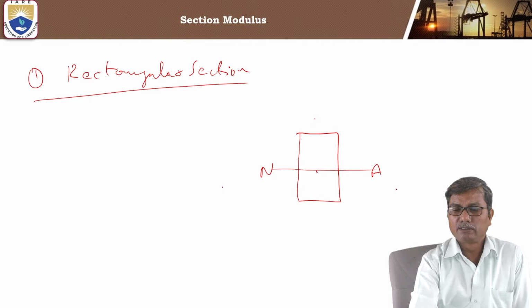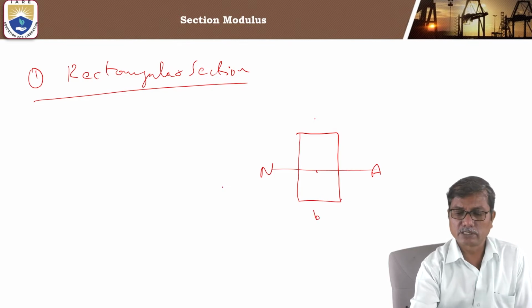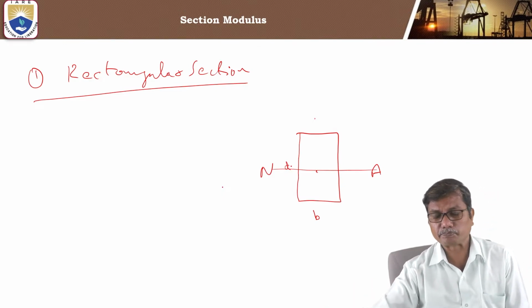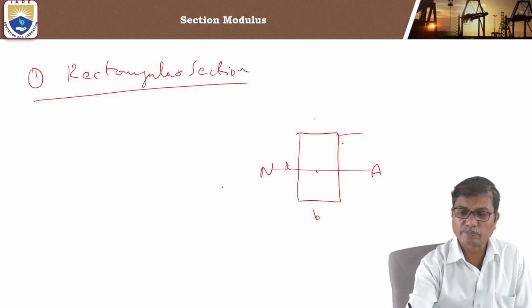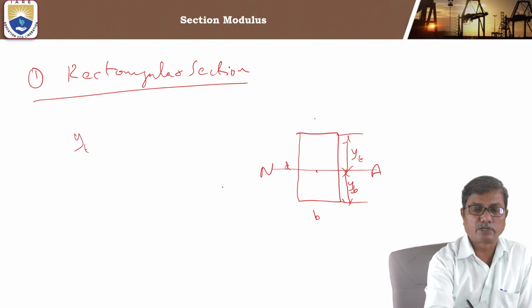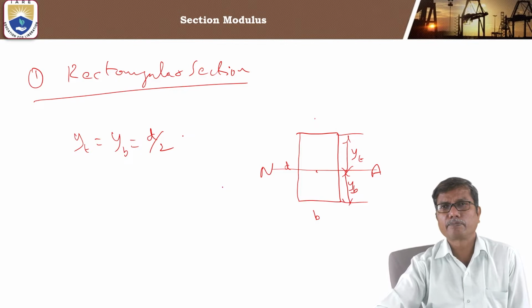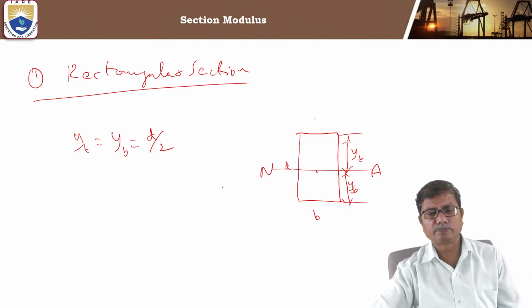Understand? So let the breadth of the beam be b and the depth of the beam be d. So here, what is the distance of the topmost fiber and the bottommost fiber? Being symmetrical, the distance of the topmost fiber and the bottommost fiber are equal to d by 2.